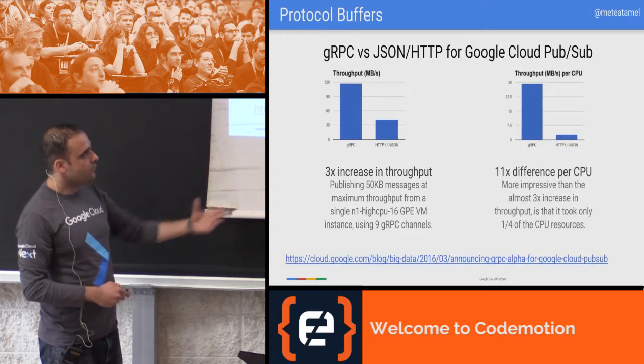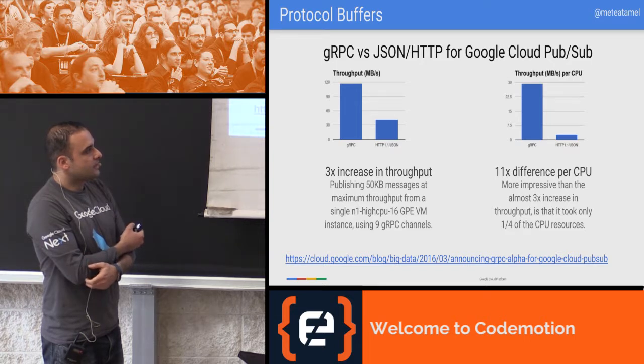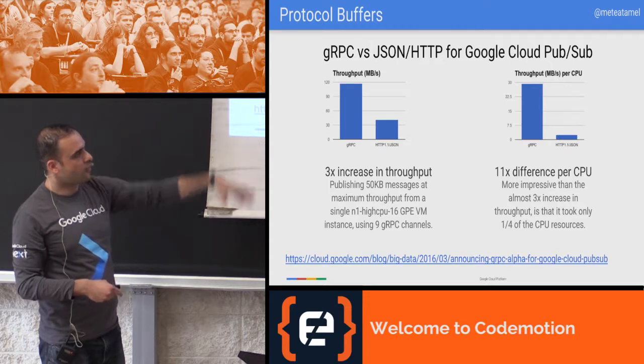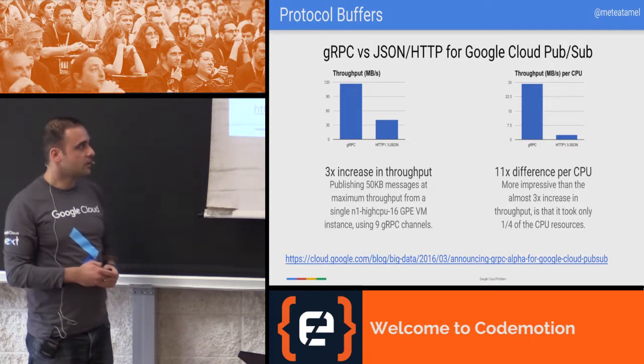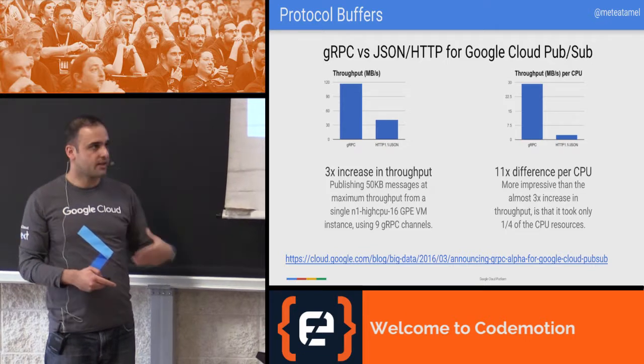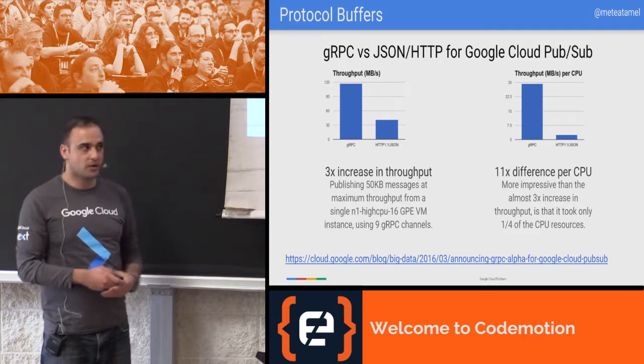And the other impressive thing was that the resources it took to generate the throughput was 1/4 of regular JSON. So you not only have more throughput, but you do that with much less resources. So that's what it means, using protocol buffer compared to JSON or XML.